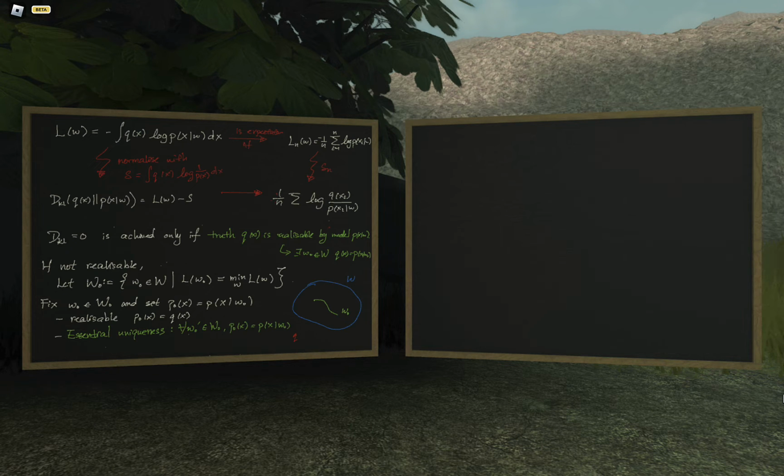Okay. Then we can use that optimal distribution to define some normalized quantity. So previously we have this function that measures the loss at a particular parameter value.